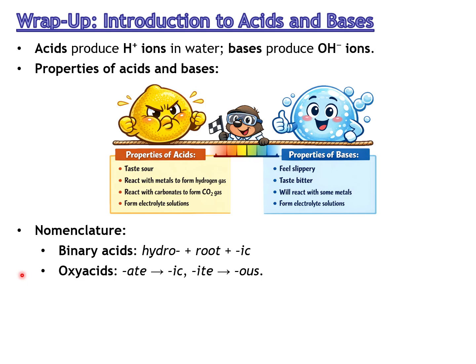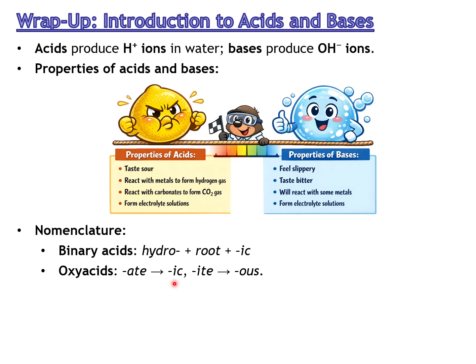Oxyacids are where we have a hydrogen and the acidic form of one of the polyatomic anions. So it's really important to identify the polyatomic anion because you're going to have to use its name in order to figure out how the oxyacid's name ends. So if your polyatomic anion ends in ate, we change it to ic.